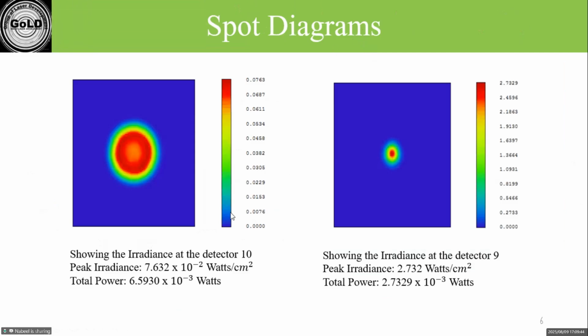Our incident power was 1 watt, and here you can see the peak irradiance of 7.632 and 2.732 watts per centimeter squared, and the total power at detector 10 is 6.59 milliwatts and 2.73 milliwatts.